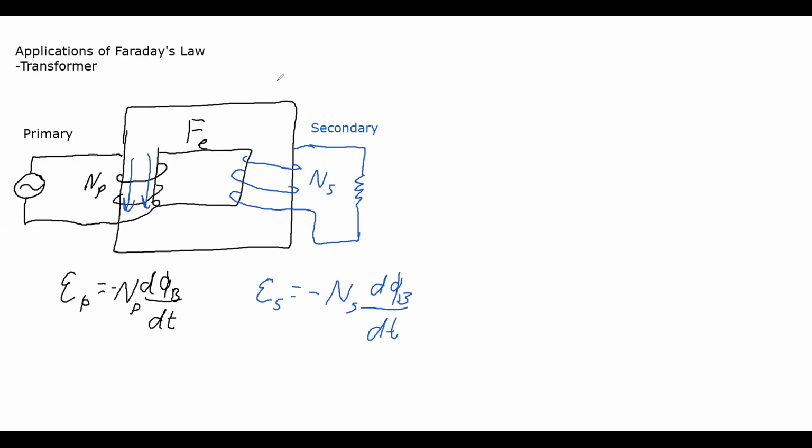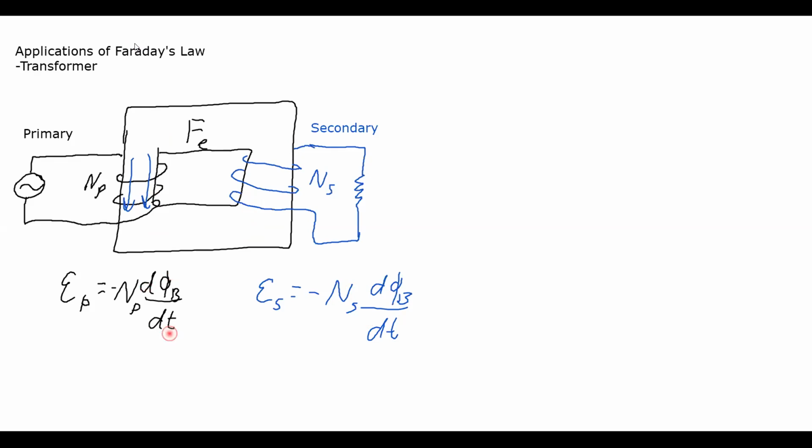Now, by connecting it to this iron here, whatever flux I have going through this coil is going to be the same flux I have going through this coil. The iron is going to ensure that the same magnetic flux goes through both, different from number N, but this is going to be the same.